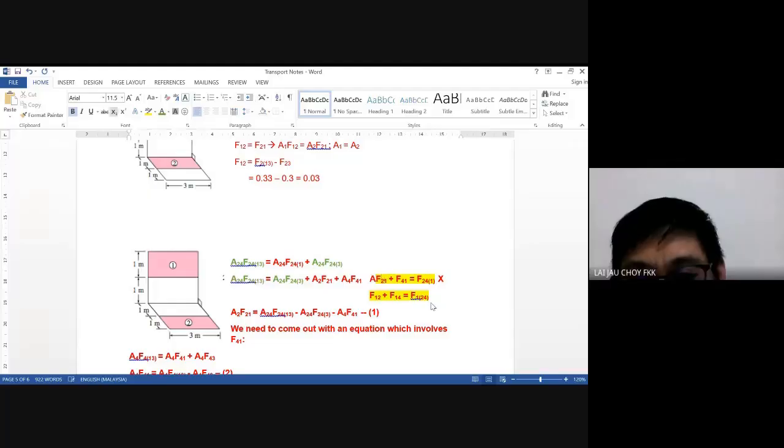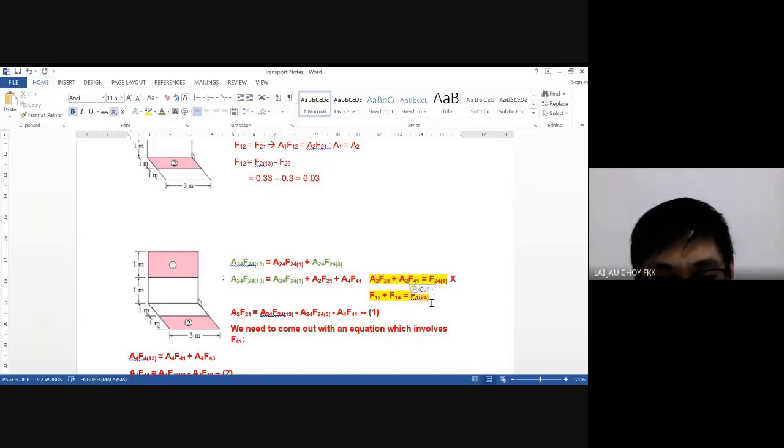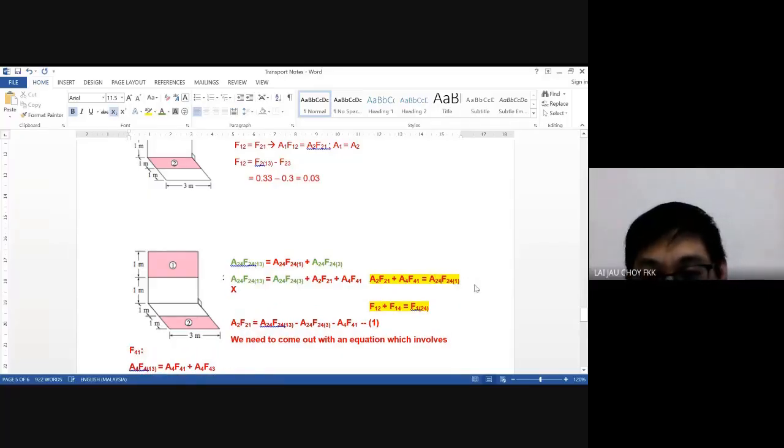So in this case, A2 F21 plus A4 F41 equals A24 F241. Then this is correct.